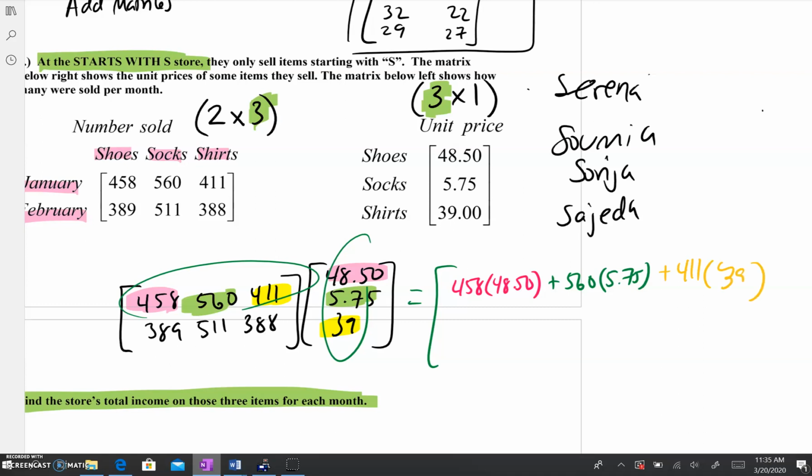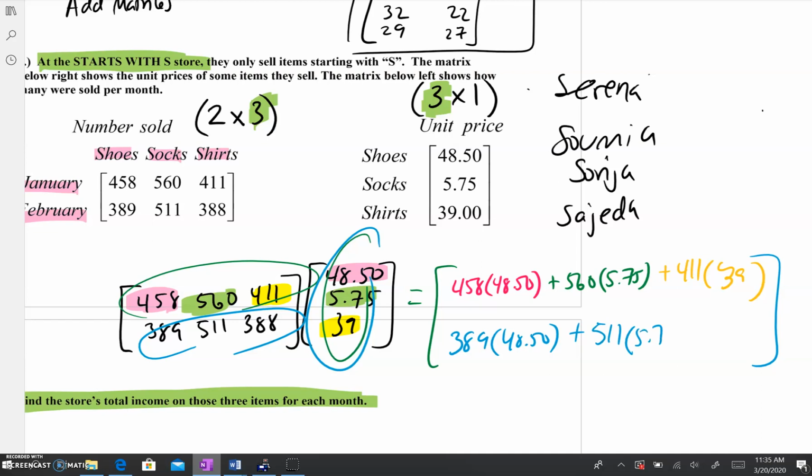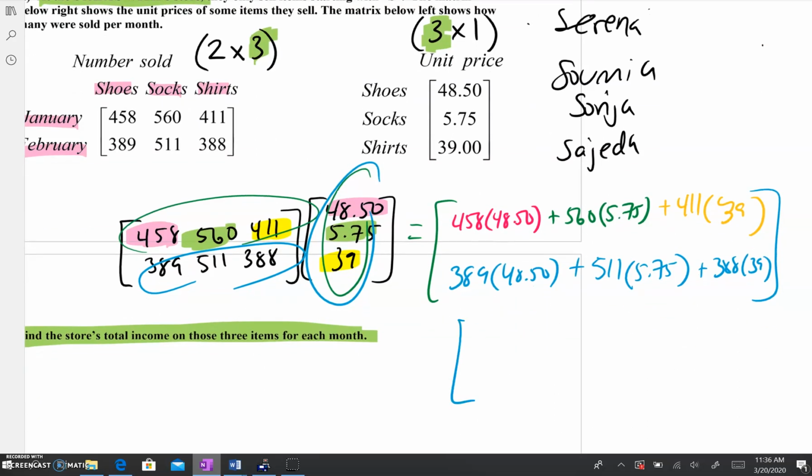And that's going to be my first row times my first column. When I do the bottom row, bottom column, that's going to represent how much money I have made in the month of February, right? So February, it looks like I have 389 times 4850 plus 511 times 575 plus 388 times 39.